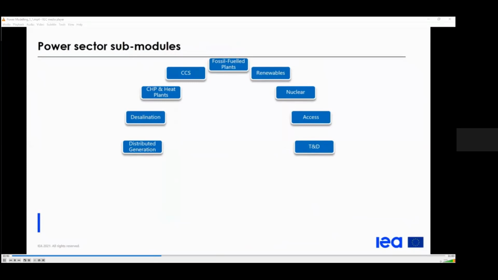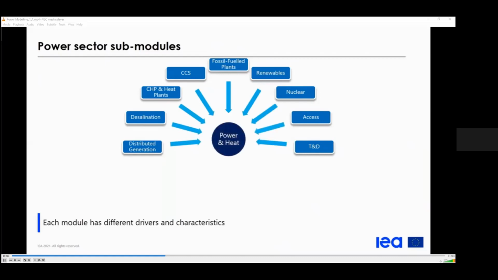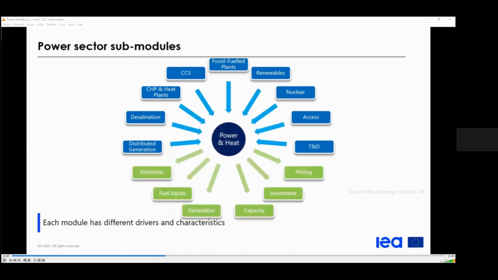Water is a driver for the desalination one. Renewables need to take into account the available potential for each location, and so on. And as an output of each of these very complex submodules, we have the evolution of capacity, fuel mix in terms of generation and use. We have the emissions, we have the investment and prices.